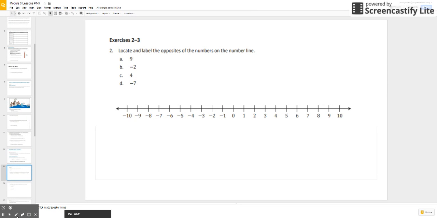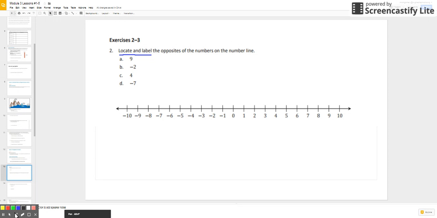A lot of people are not doing this. They're locating, but they're not labeling. When you're locating a number, make sure you label as well, especially when you have multiple ones like this. Locate and label the opposite of the number on the number line.